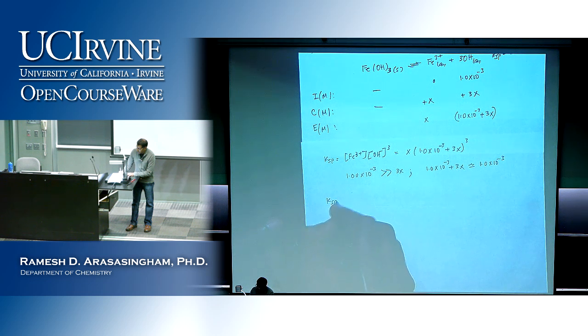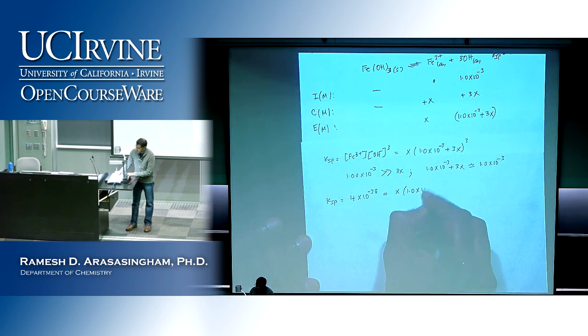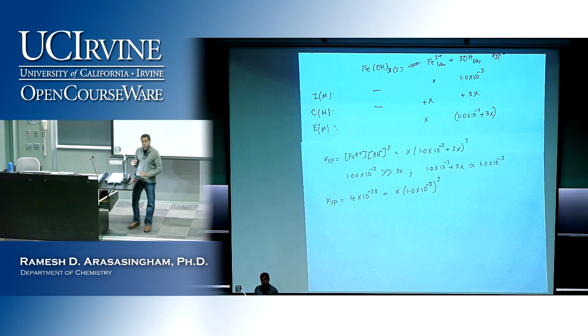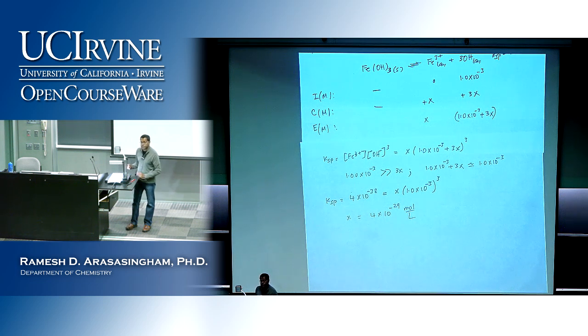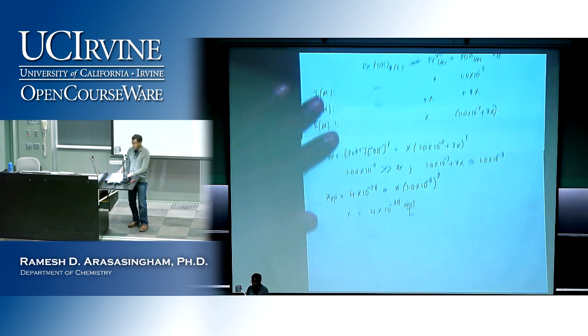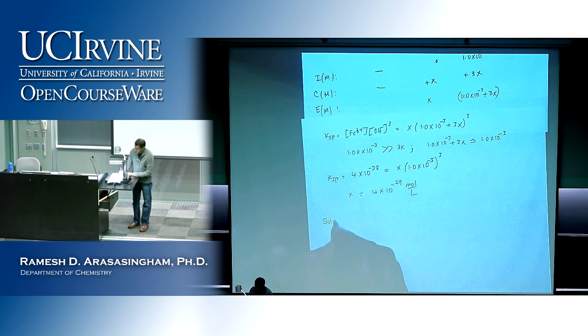Therefore, Ksp equals 4 times 10 to the negative 38 equals x times 1 times 10 to the negative 3 cubed. So you solve for x, that comes out to be 4 times 10 to the negative 29 moles per liter. So solubility now becomes 4 times 10 to the negative 29 moles per liter.